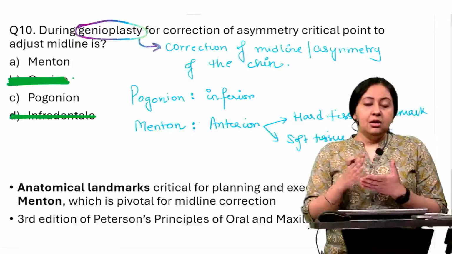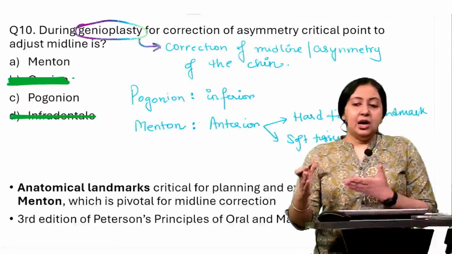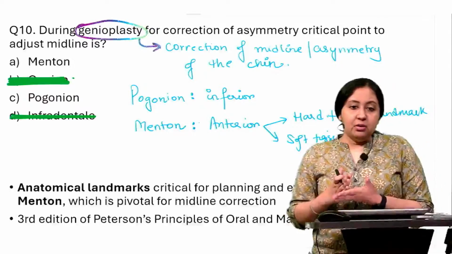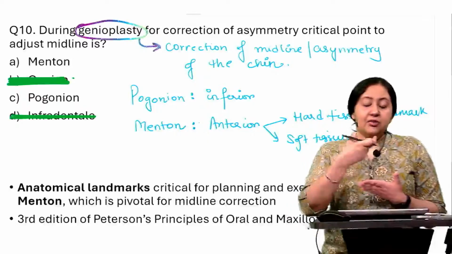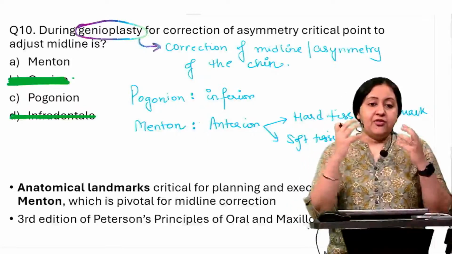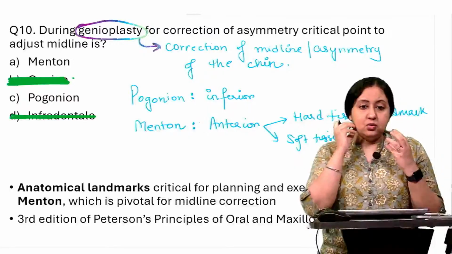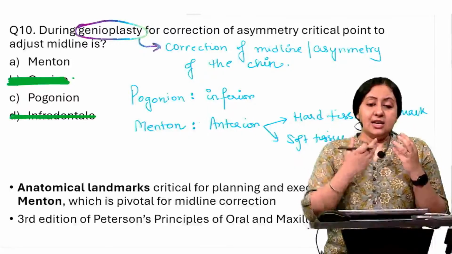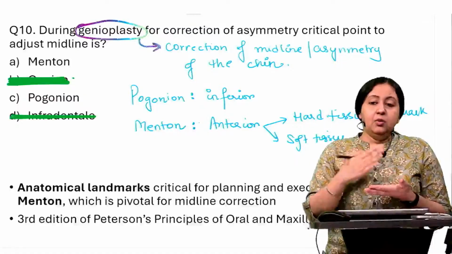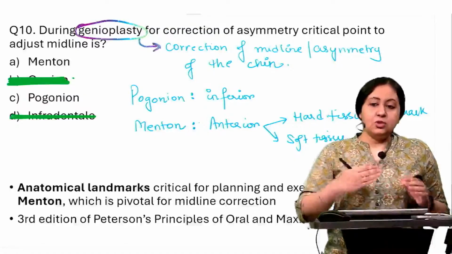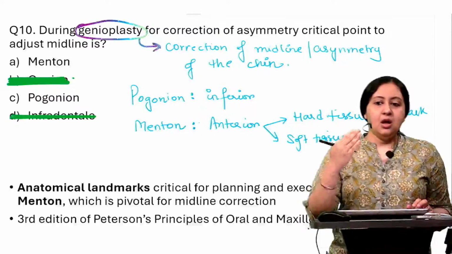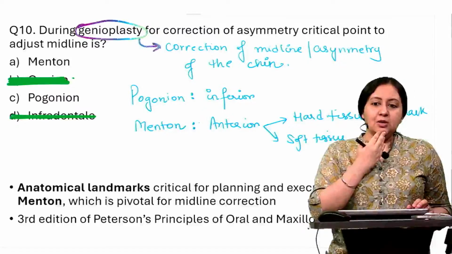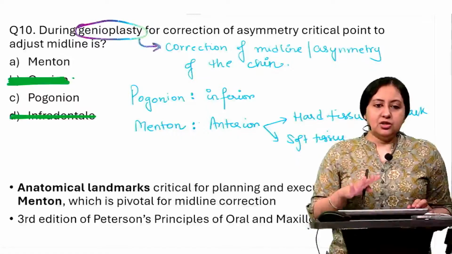But when we are assessing the patient on table, when we have done the genioplasty and corrected the asymmetry before finally fixing it with plates and screws, we assess the midline via soft tissue menton, because that is what is going to be visible aesthetically. Bony menton is covered under the soft tissues.